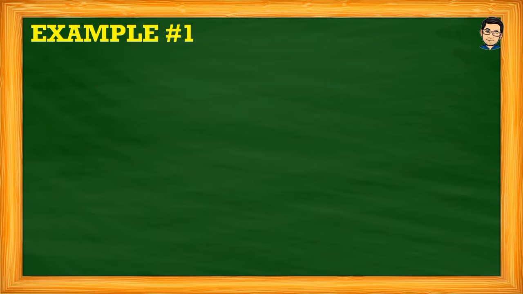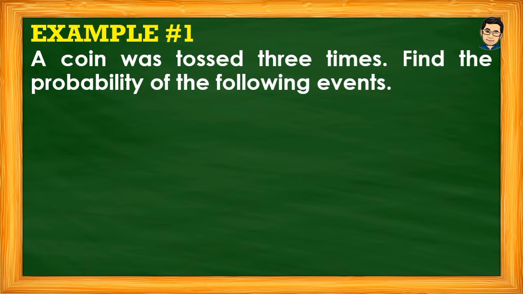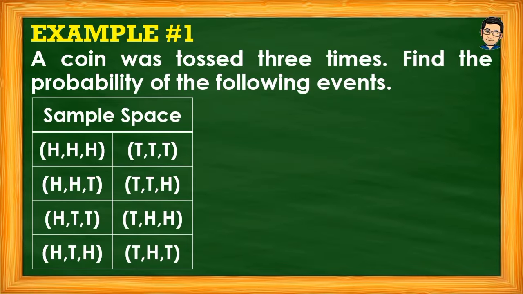So, for us to be able to understand probability of simple events, let us have example. For the first example, a coin was tossed 3 times. Find the probability of the following events. So, ayan. On the left side, given na po yung ating sample space. Tandaan, pag sample space, nandyan po lahat ng possible outcomes in an experiment.